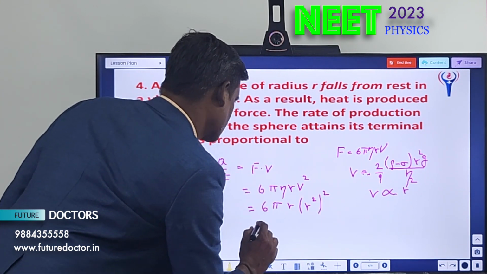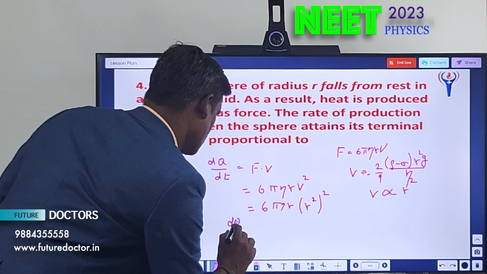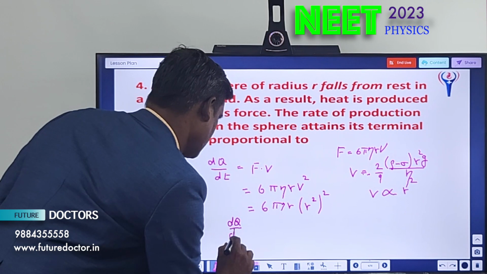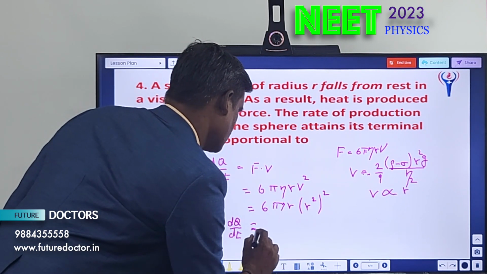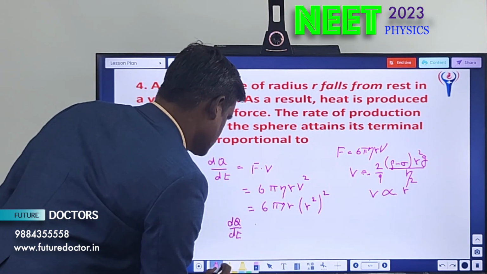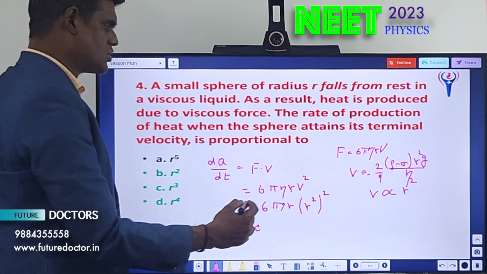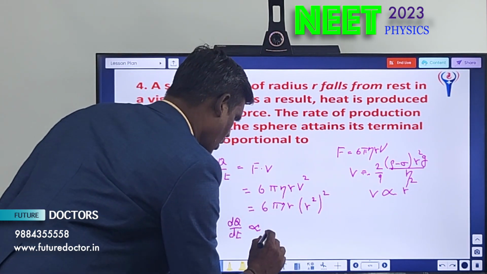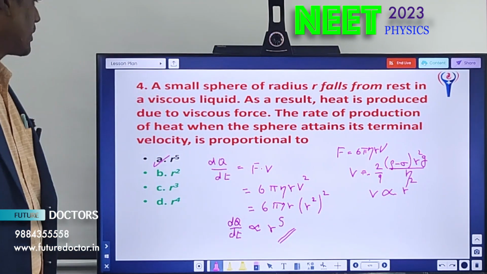If you remove 6 pi eta and all the constant things, then dq by dt is proportional to r square power 2, which is r power 4, and r power 4 into r is r power 5. That is option A. Option A is the correct answer.